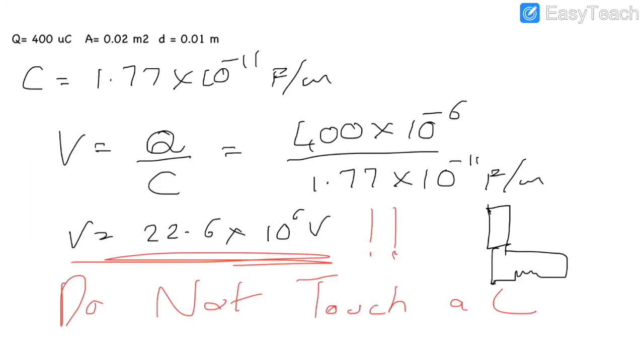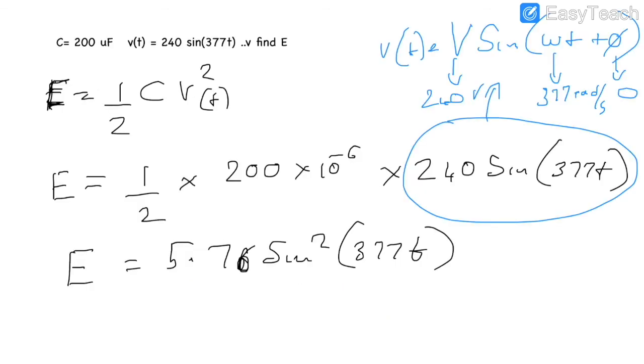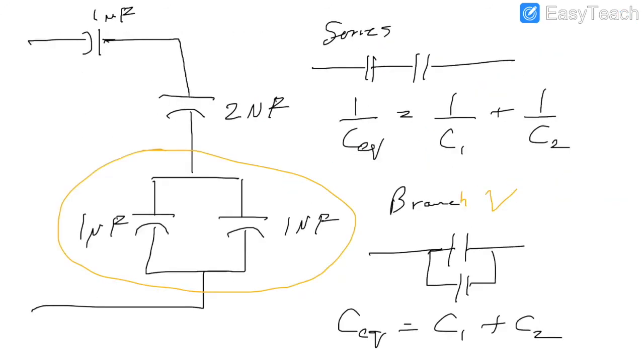And yes, do not touch a capacitor. It can have very large voltage on it. And if you have a time-dependent source, the charge on the capacitor is also going to be varying with time, and the energy is also going to be varying with time.